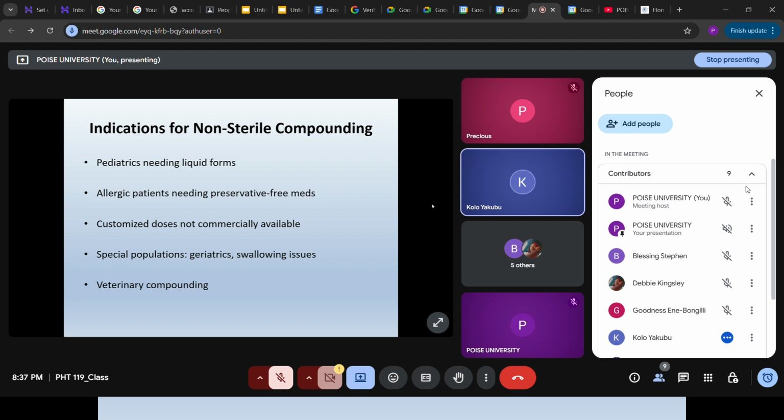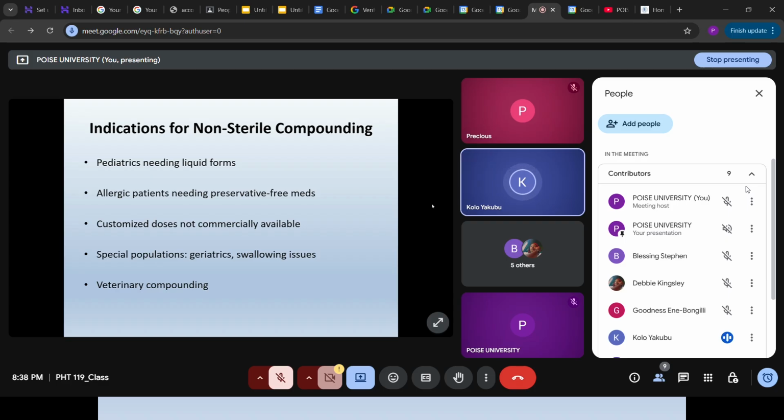And then special populations. Geriatrics are people who are very old, 70, 80 years and above. We've talked a lot about pediatrics. Geriatrics are also there. At the age of 70, 80, 90, sometimes age-related health issues could mean that the patient is not able to swallow. Or take, for example, HIV patients that have one symptom called oral thrush, where there's some fungal growth around the neck.